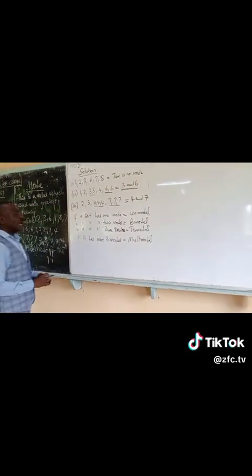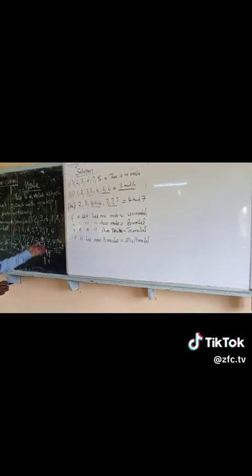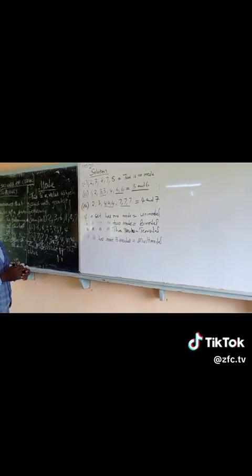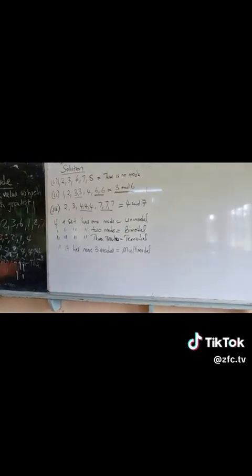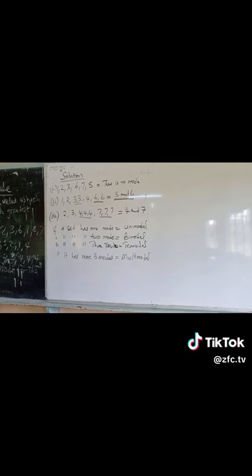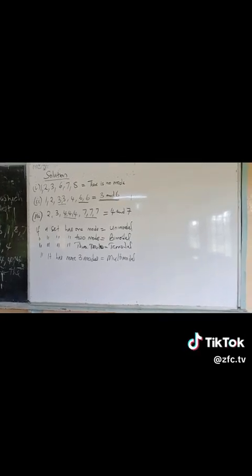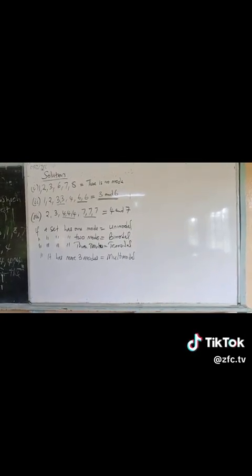So those are very important. When there's only 1 mode, it's called unimodal. 2 modes, bimodal. 3 modes is known as trimodal. And when more than 3 modes, it is called multimodal.